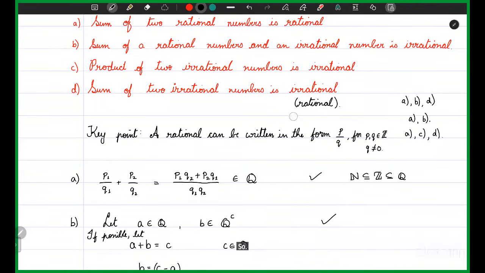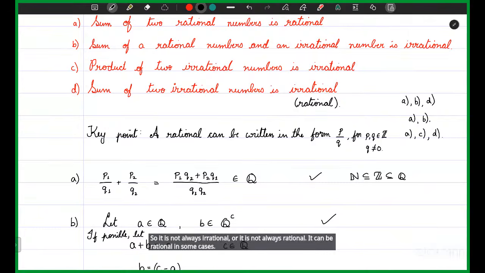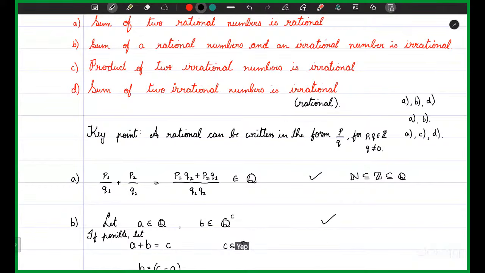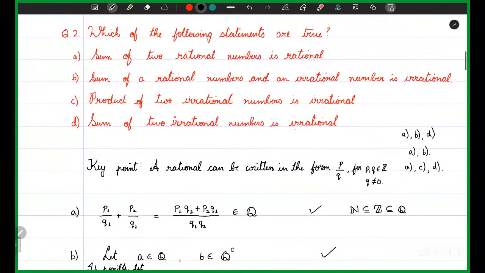So it is not always irrational or always rational. It can be rational in some cases, irrational in some cases. So even if this irrational was actually rational, the answer would still be false.